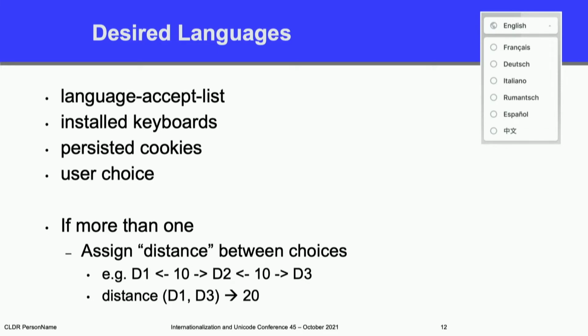So your desired languages, we'll start with that. Well, first, where do you even get those? We mentioned the Accept-Language header, keyboards, persistent cookies, or the user might be able to choose, although in commercial applications, the only places I know where the user is presented with a way to choose something other than one language is, for instance, in your browser, where you can choose your language and what other languages you want to add.